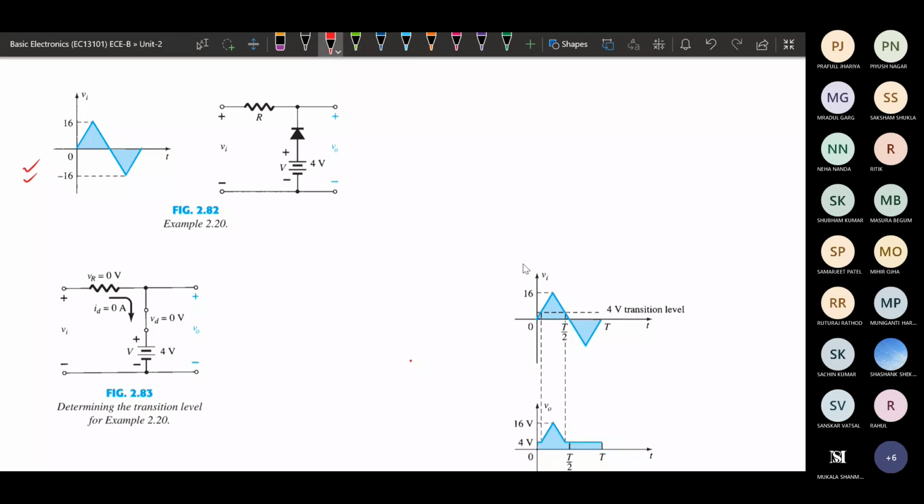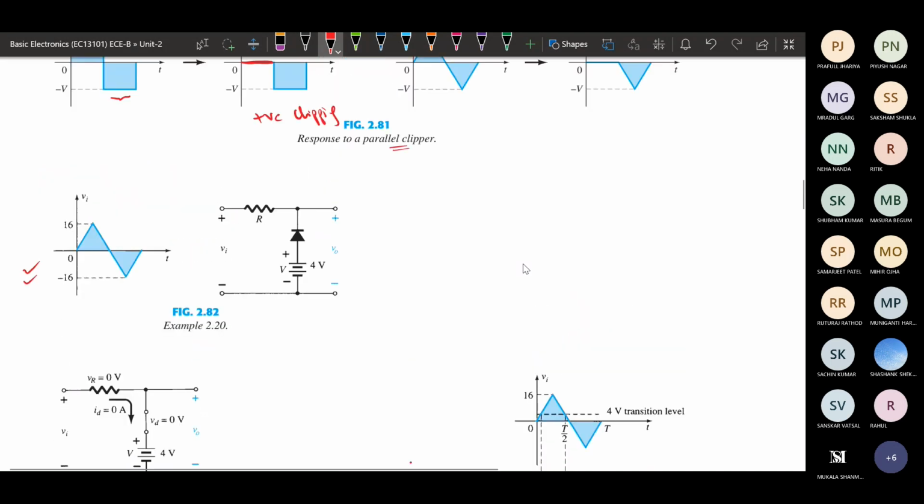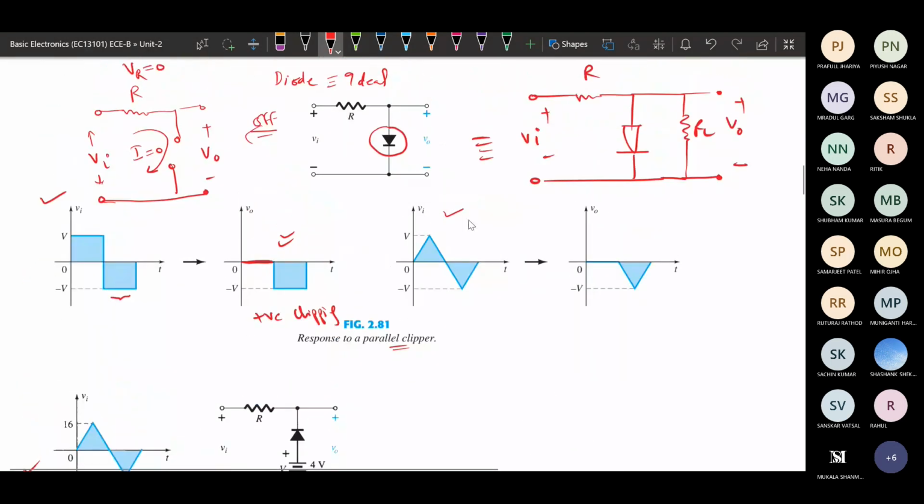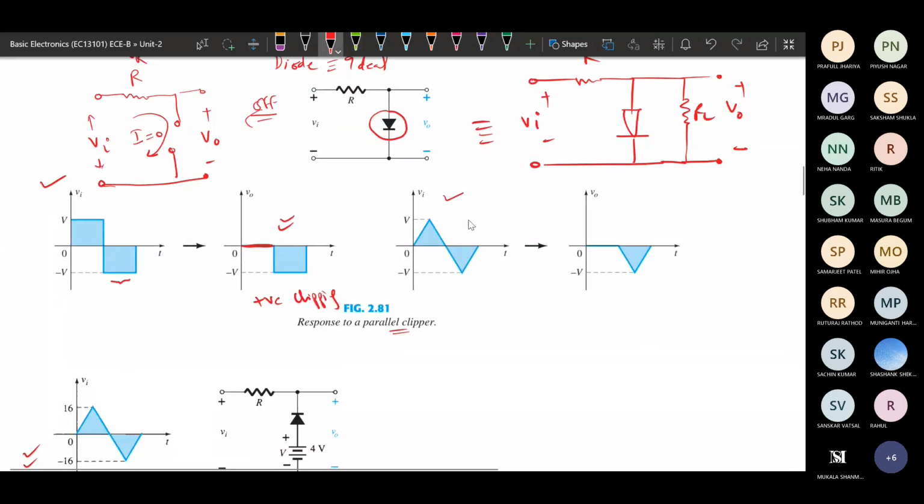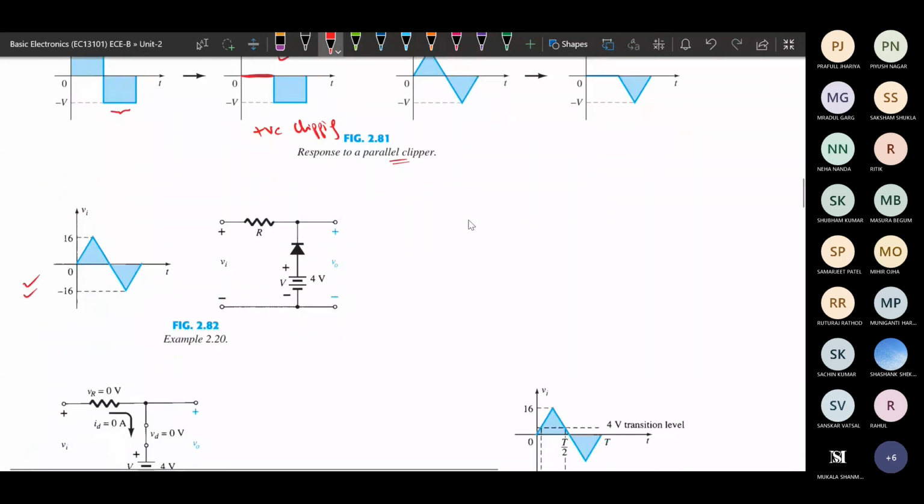One more thing you can see: in the previous case, the diode direction was this way, with the output taken from the positive terminal, and the negative output terminal connected to the n-type side of the diode. But in this example, the diode is placed in the opposite direction.